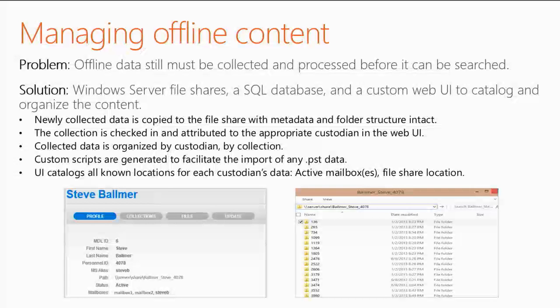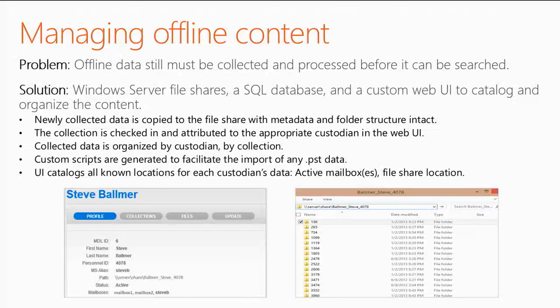If there are, it'll generate a script that will have just the arguments that we need for managing the import. We're just using the out-of-box functionality for PST import. New-MailboxImportRequest is the PowerShell cmdlet. But it'll generate those scripts for us, and it'll tell us what mailbox it's supposed to go to. And then we'll run those scripts, import those PSTs back into those mailboxes, and then mark it complete.